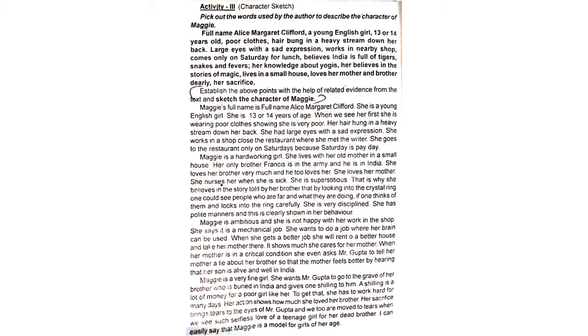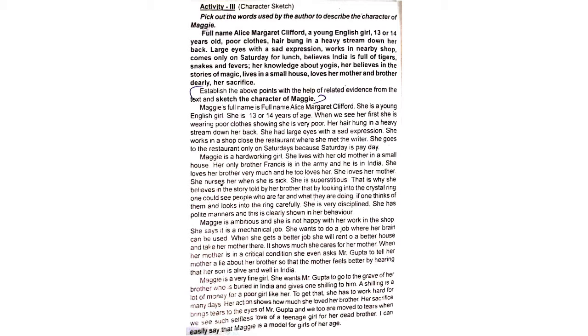Her sacrifice brings tears to the eyes of Mr. Gupta, and we too are moved to tears when we see such selfless love of a teenage girl for her dead brother. I can easily say that Maggie is a model for girls of her age. This is the model of a character sketch.